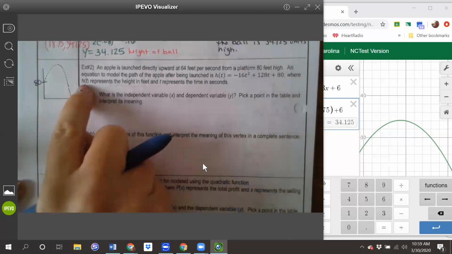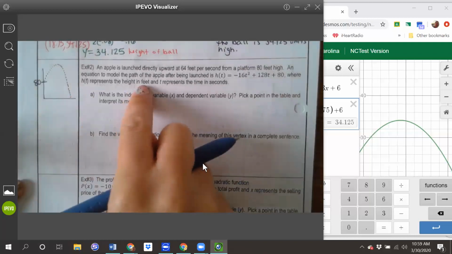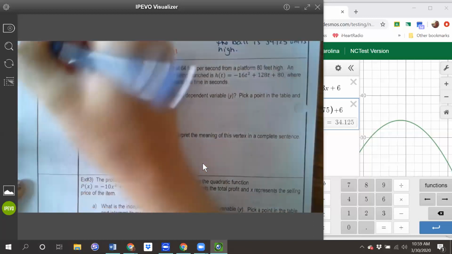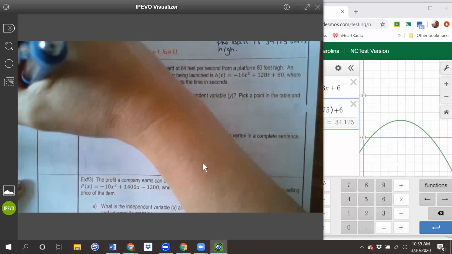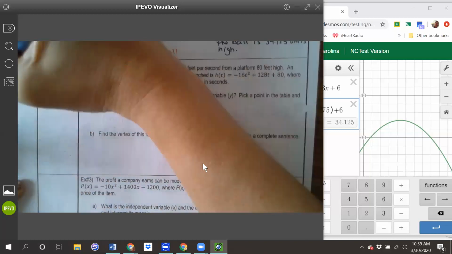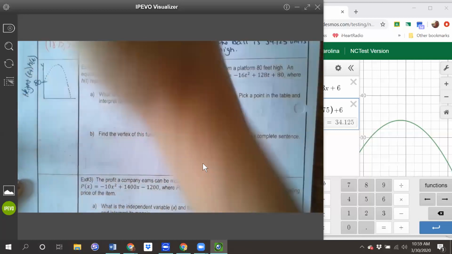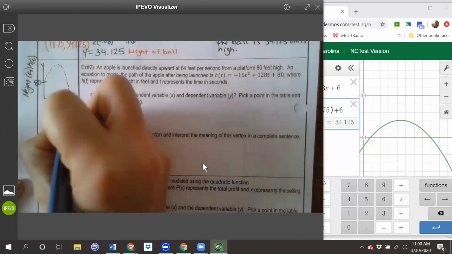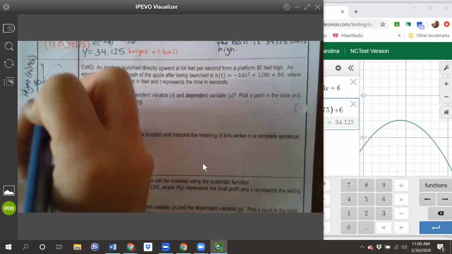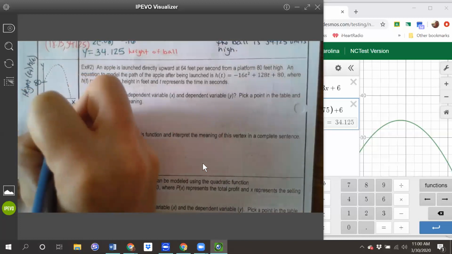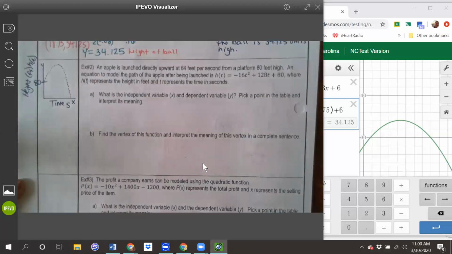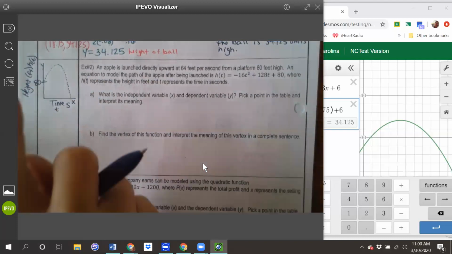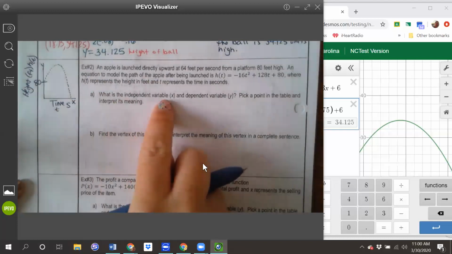It says that h of t represents the height in feet. So that means that our y-axis is height in feet, and that is h of t. And then it says that t, so this is the x-axis, t represents the time in seconds. So time is t, which is the same thing as x. Okay, so that's my picture. What is the independent variable x?